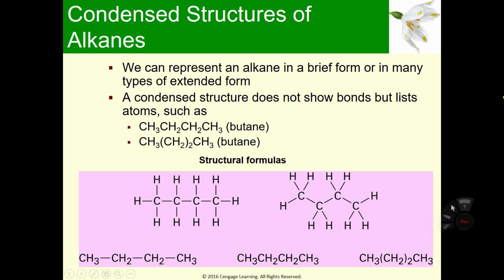So most of the cases we use the condensed structure of alkane, such as you remove all these lines and then represent this as CH3, CH2, CH2, and CH3. Sometimes you remove these lines also and use CH3CH2CH2CH3.